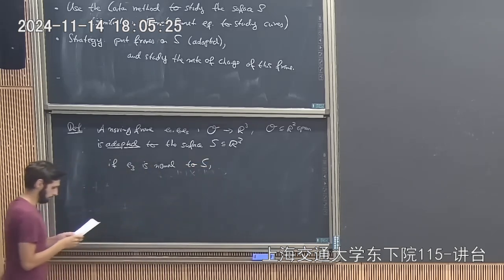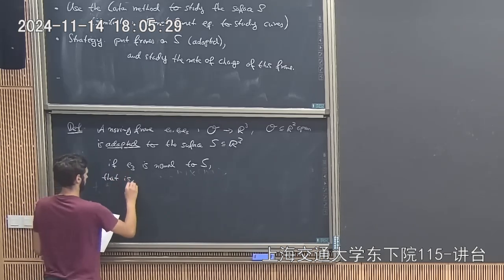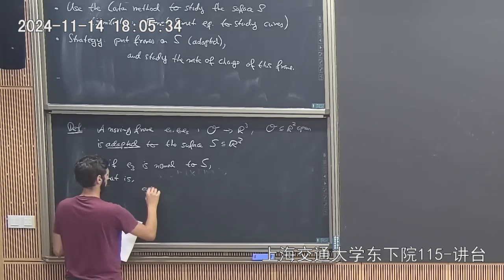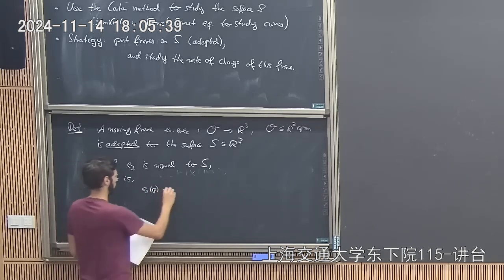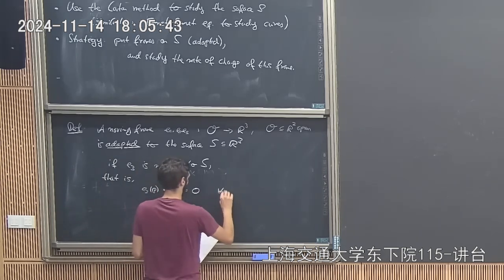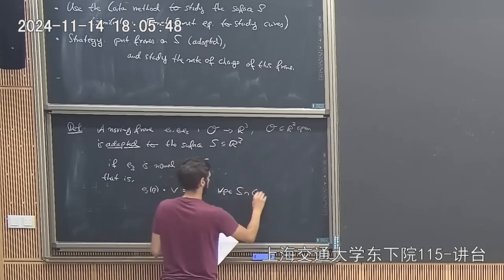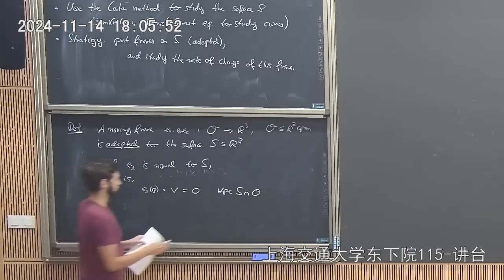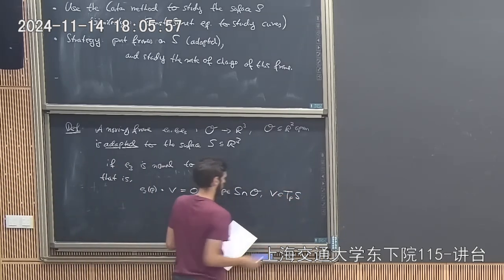What does it mean to be normal? It means that if you have E3 at a point P and you take an arbitrary tangent vector of the surface, you always get 0, for all points on the surface for which the frame is defined, and for all tangent vectors to that surface.